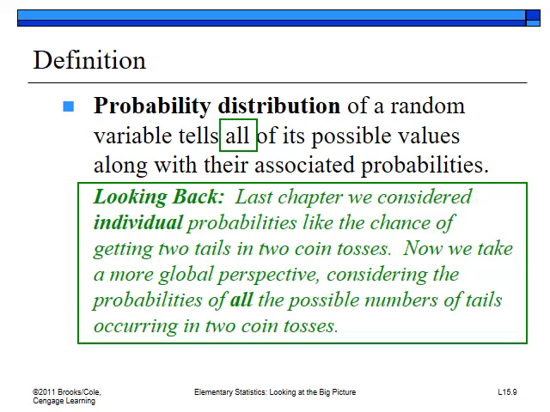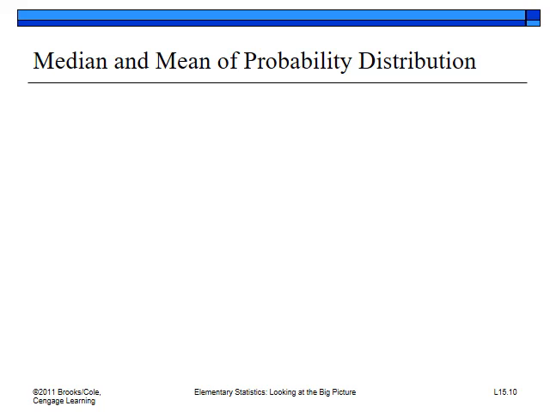Back in the last chapter, we looked at the probability values of individual events. When we're looking at random variables and probability distributions, we want to consider all of the possible outcomes that we could get.